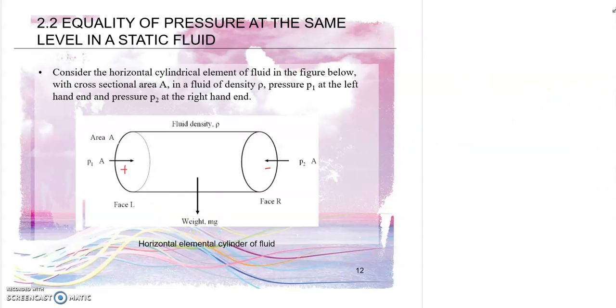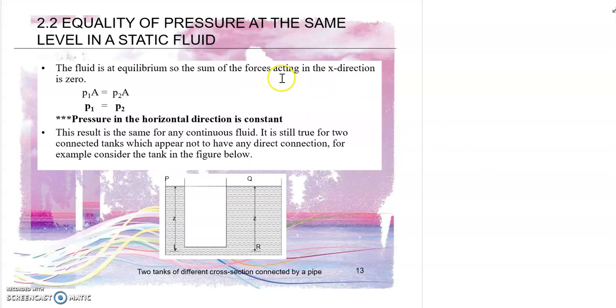If you do a force balance in the x direction, you will get P1A minus P2A equal to 0. Rearranging, A cancels out, so P1 equals P2, which tells us that pressure in the horizontal direction is constant.